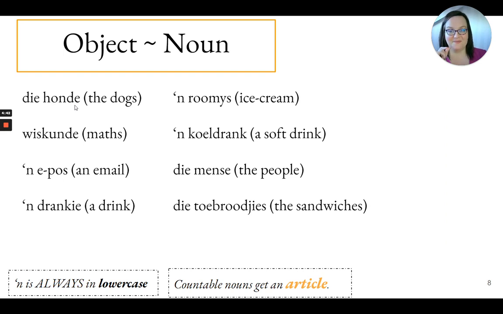Die honde, roomhuis. Wiskunde. So math is just, you don't have one maths, it's just maths. 'n Koeldrank, 'n epos, die mense, 'n drankie, and die twee broodjies. So wiskunde being an uncountable noun, but if it's a countable noun, it gets the article.